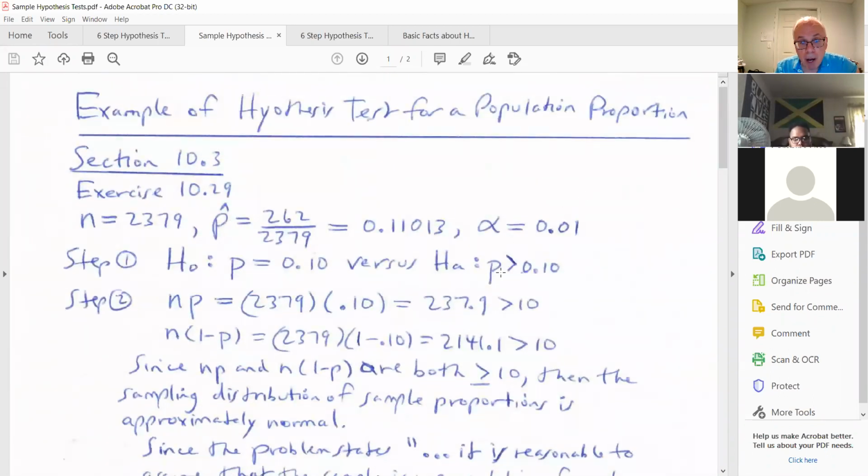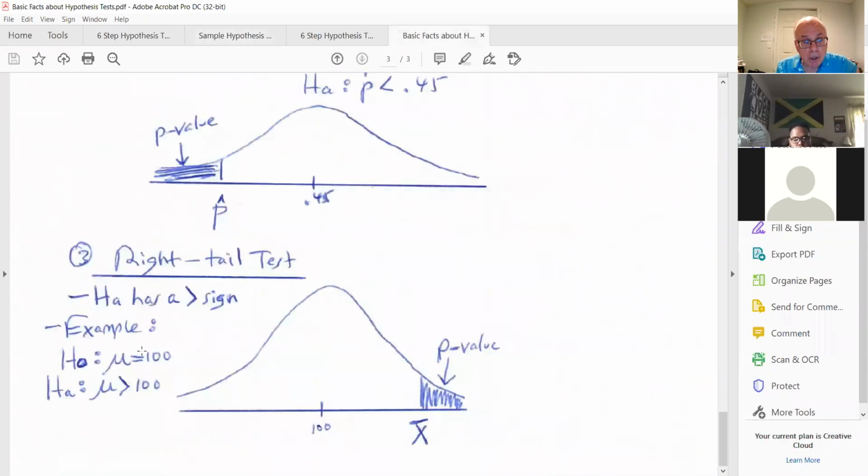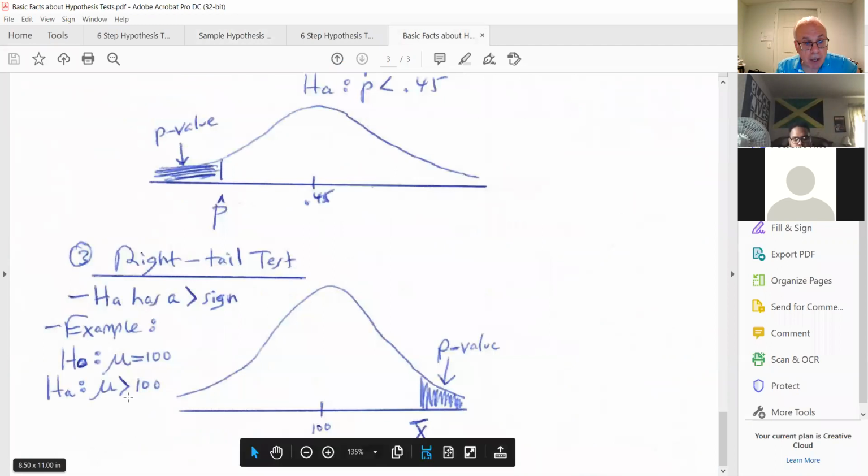Well, the alternative hypothesis is p is greater than 0.10. Remember, basic facts. When the alternative hypothesis is greater than, this is a right-tailed test. When the alternative hypothesis is greater than, it's a right-tailed test. You're going to find the area to the right in this case here, and that's going to be your p-value.